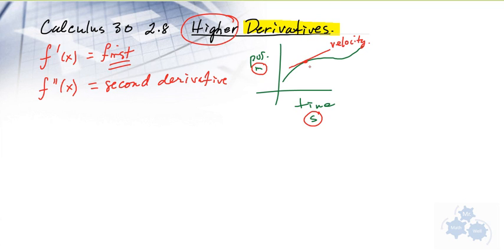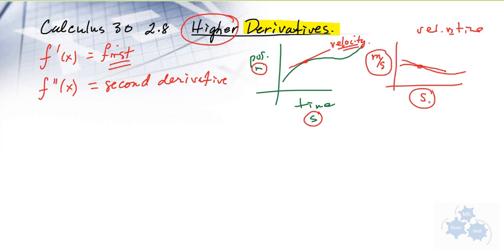If you take the second derivative, you can find the value of not only velocity, but the second derivative would be like the derivative of the derivative. So if you had meters per second, which would be the derivative, and a velocity versus time graph, then the derivative of that would be the instantaneous rate of change of velocity per time.